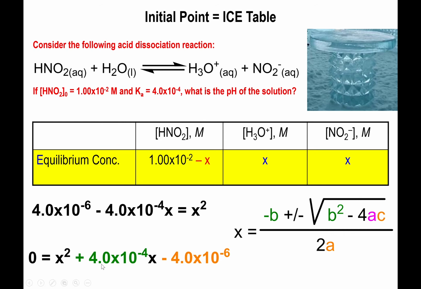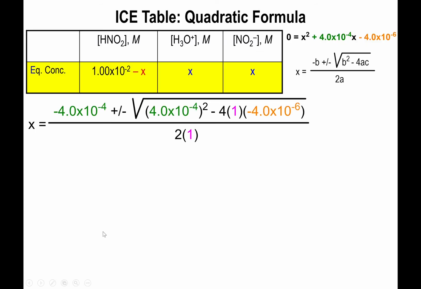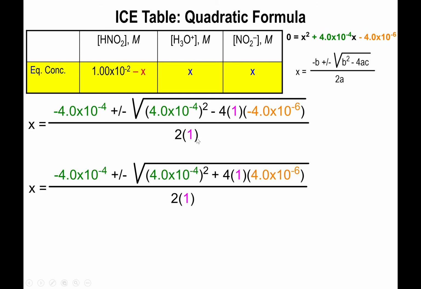Okay, so the value of B is positive 4.0 times 10 to the negative 4. The value of C is negative 4.0 times 10 to the negative 6. So we're going to input all of that into the quadratic formula: negative B plus or minus the square root of B squared minus 4 times A times C, all divided by 2 times A. If you follow the rule of thumb, negative and negative become positive.